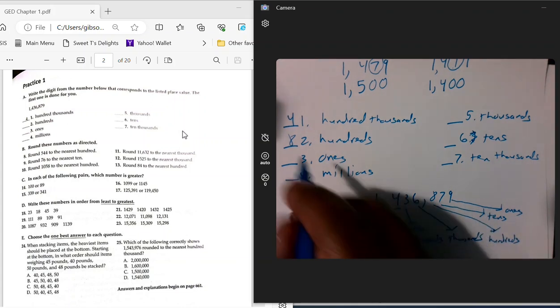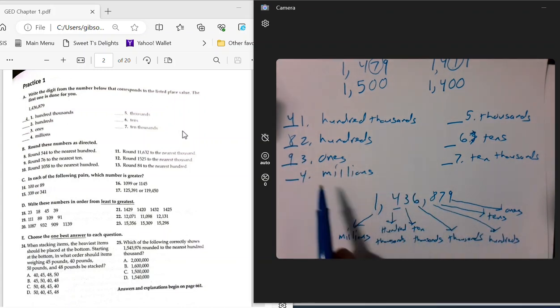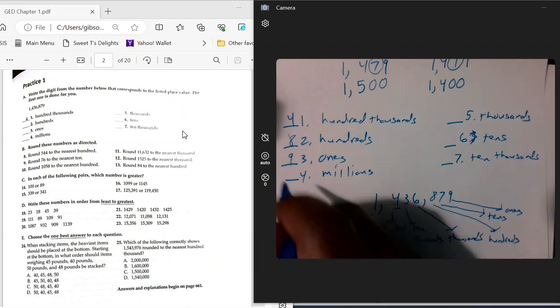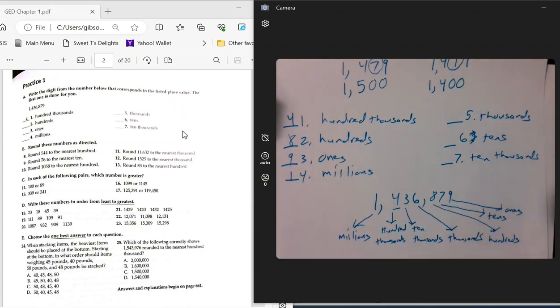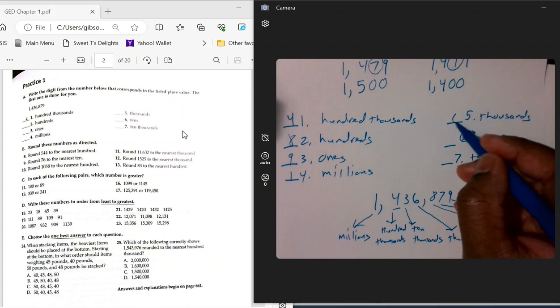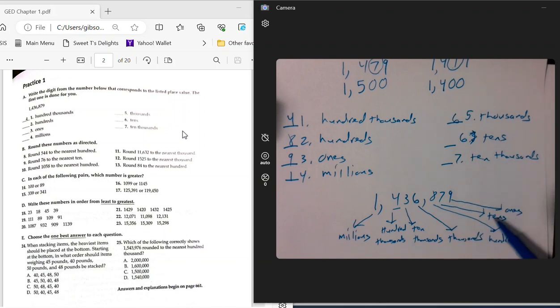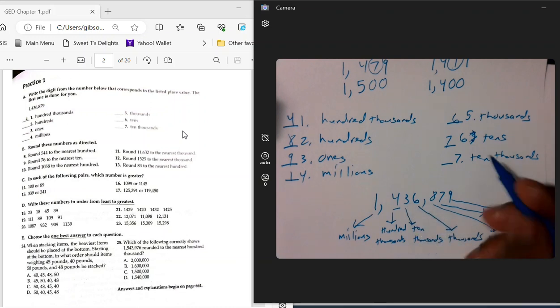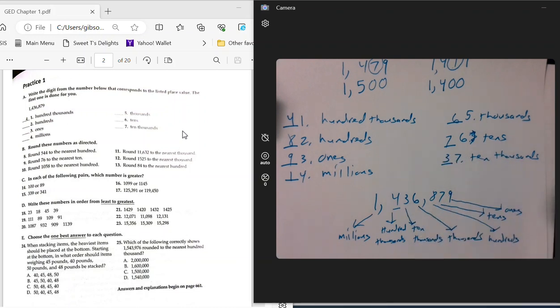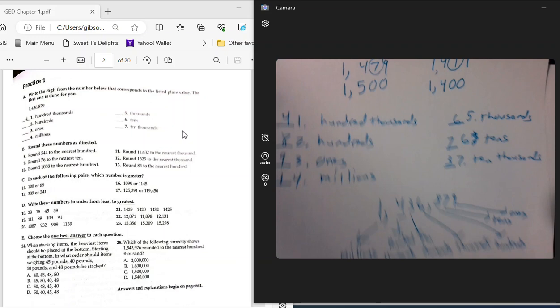And the ones place is 9. In the millions place is 1. In the thousands place we have 6. In the tens place we have 7. And in the 10,000s place we have 3. And that is basically it. Okay, so now, again, if you all have any questions, feel free to ask during our next class session. Okay, next.